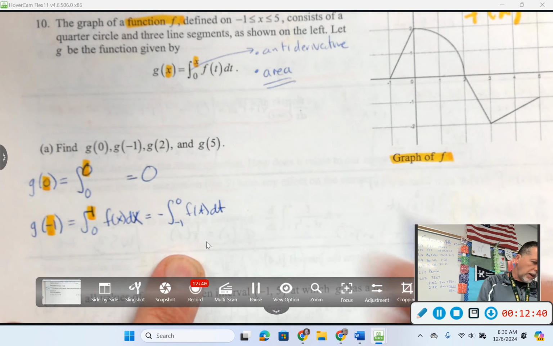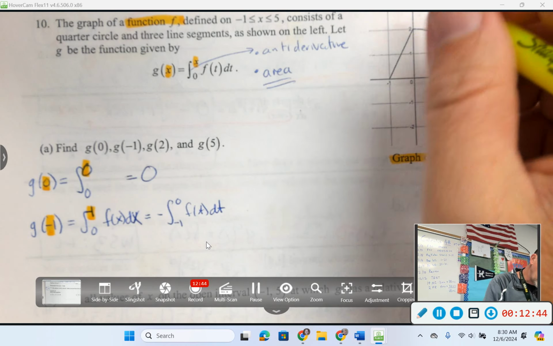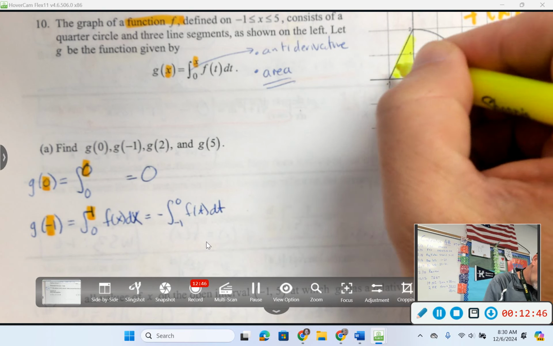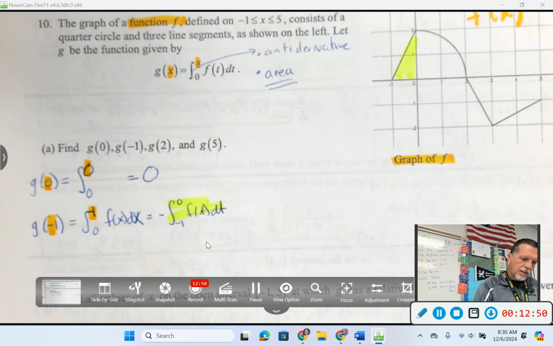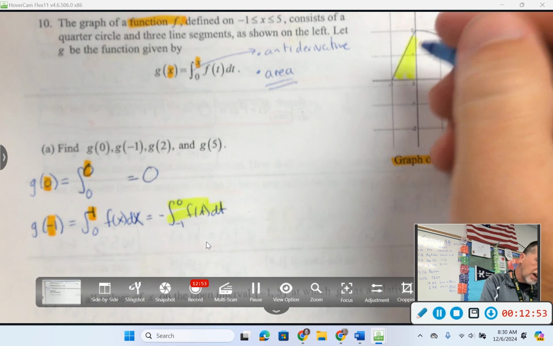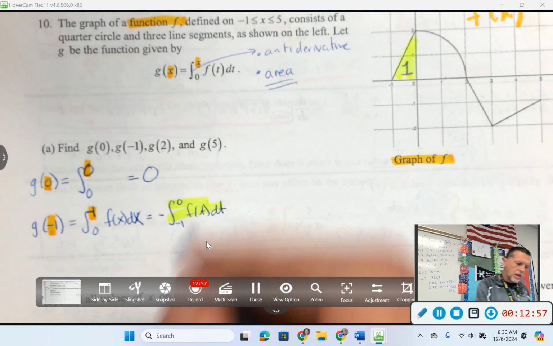So the area from -1 to 0, that would be that first triangle here. Let's see, 1/2 base times height. That area is 1.